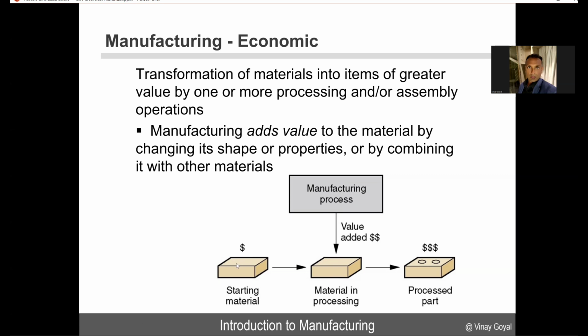Here, you can see the starting material, which has a cost involved, and then you'll process that material, and that processing will require additional investment that may include manufacturing processes or touch labor. During the process, that will then result in a processed part that can push the economics to new boundaries.